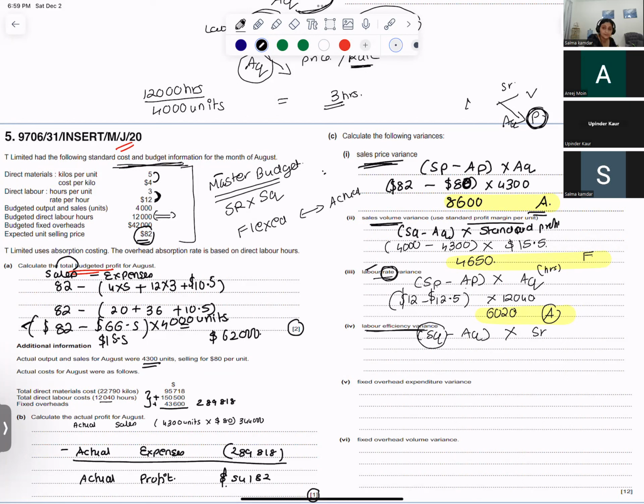Your actual quantity is 12,040. The standard quantity for actual production is 3 hours per unit into 4,300 units, because it is flexed.